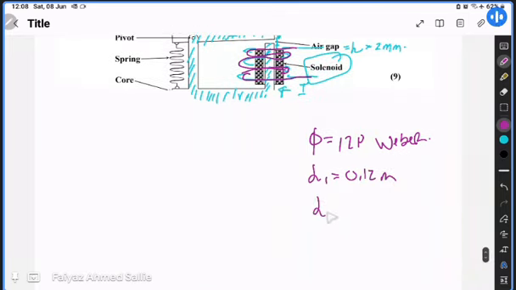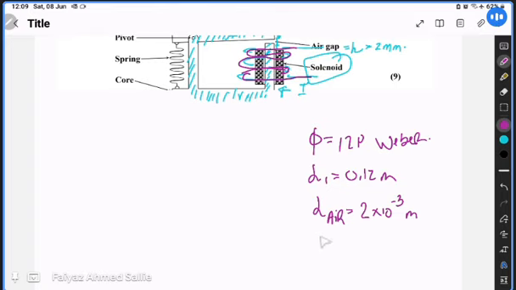Then we have the length of the A gap, which is 2 millimeters, equal to 2 times 10 to the minus 3 meters.